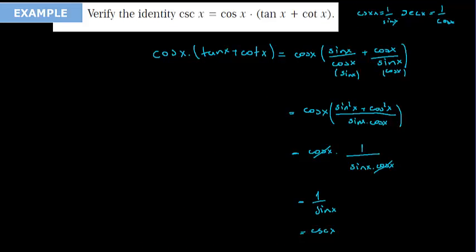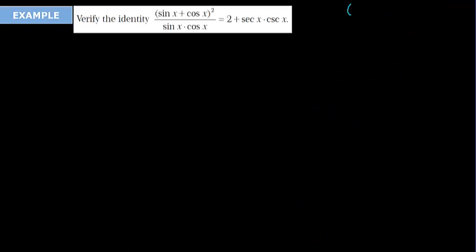Sine x plus cosine x squared. I'm going to write a plus b squared here. Now a plus b squared, you know, is equal to a squared plus 2ab plus b squared.